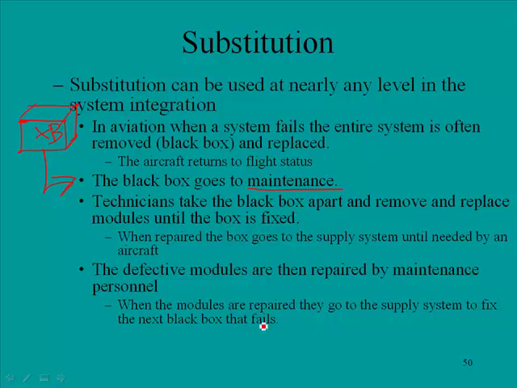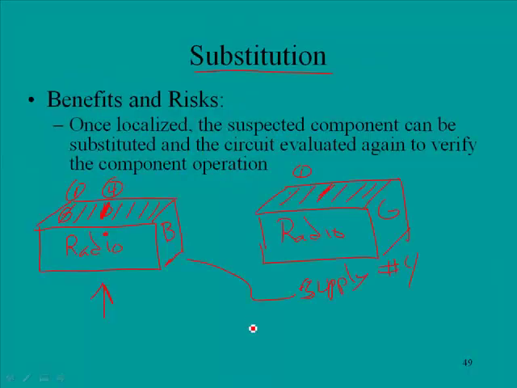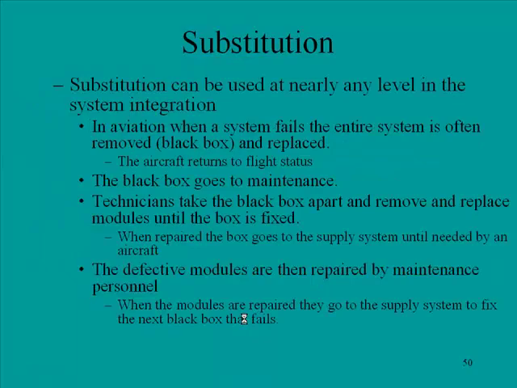They would be doing the process we looked at over here, substituting modules until they repair the box. When repaired, the radio goes back to the supply system until it's needed by another aircraft.